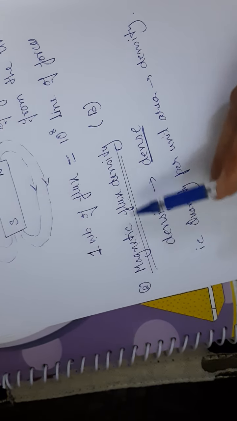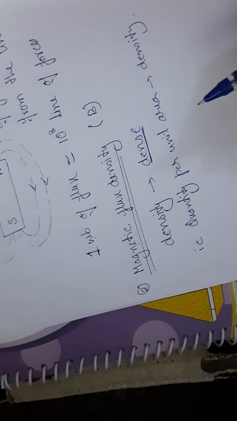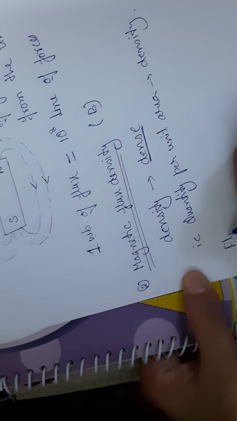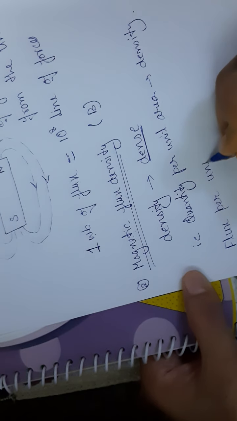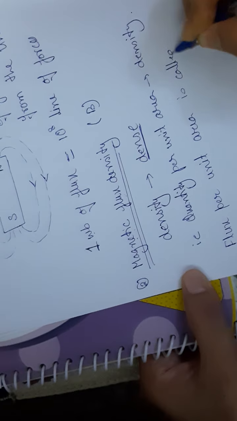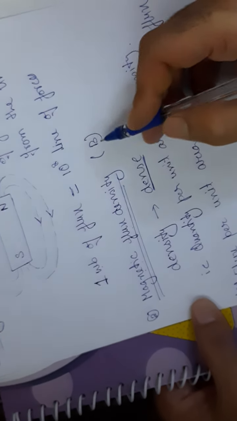It is magnetic flux. Magnetic flux per unit area is called magnetic flux density, denoted by B.